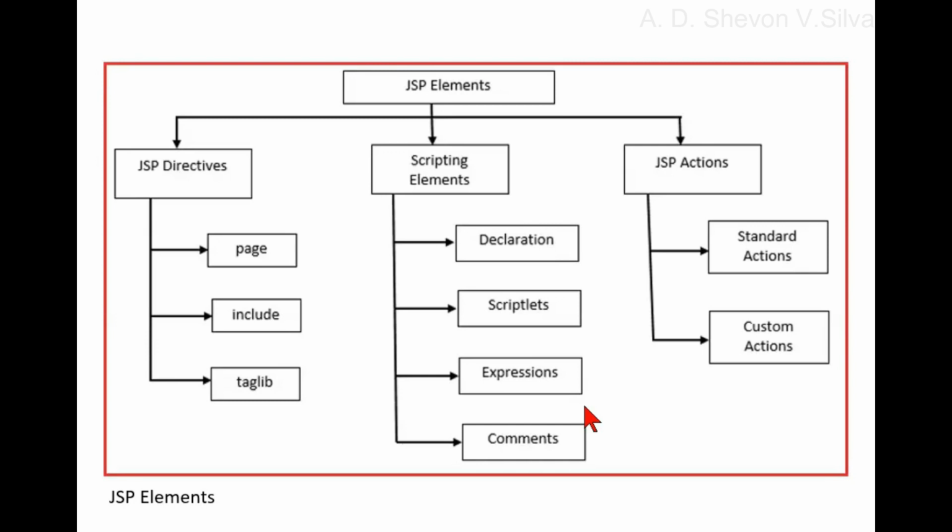If we provide any Java expressions in expression scripting elements, then that expression will be available in the translated servlet code's _jspService method as a parameter to the out.write method. The expression tag is used perfectly when there is no need of using out.println on the JSP page. The code placed in the expression tag goes to the _jspService method of the JSP class.